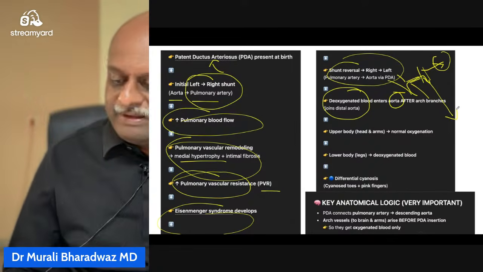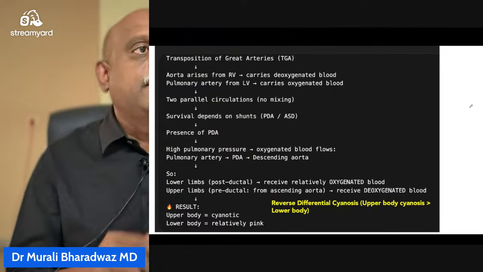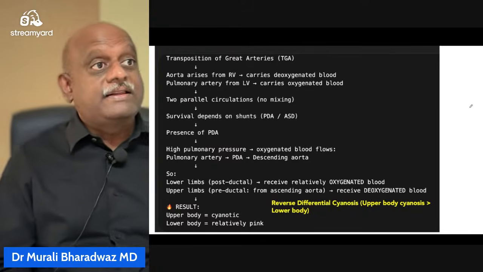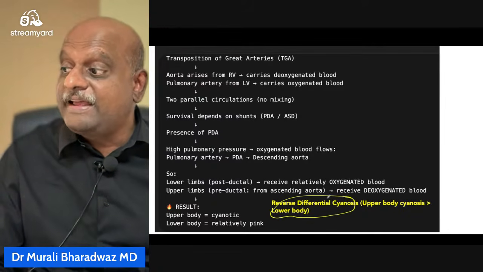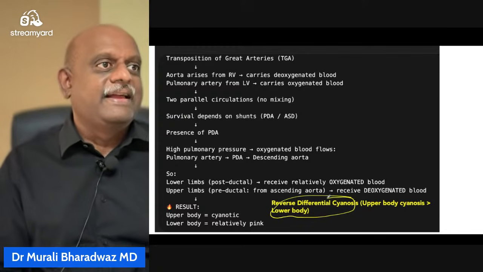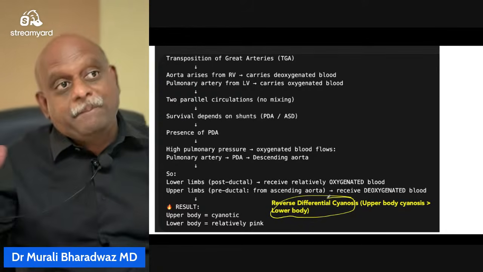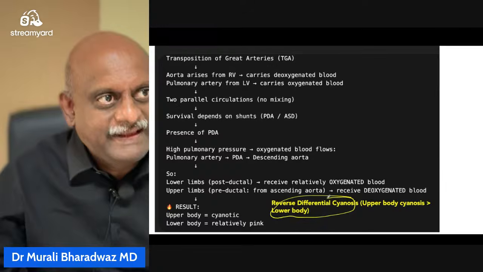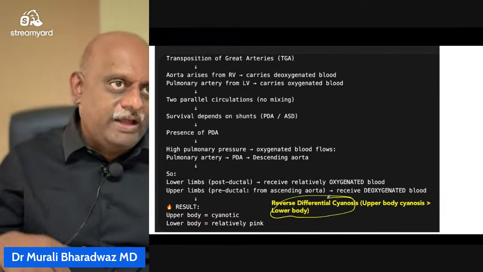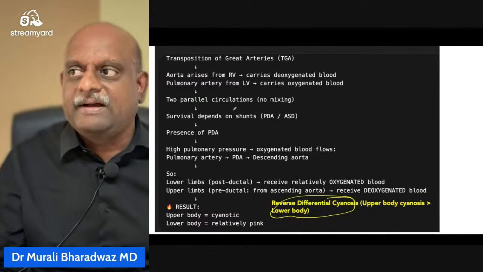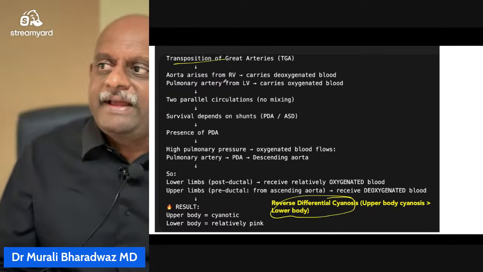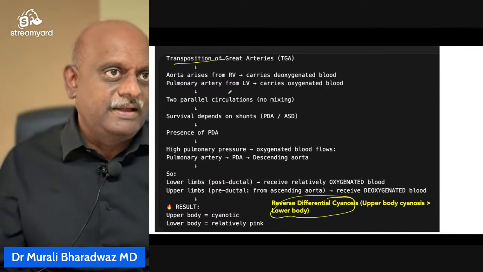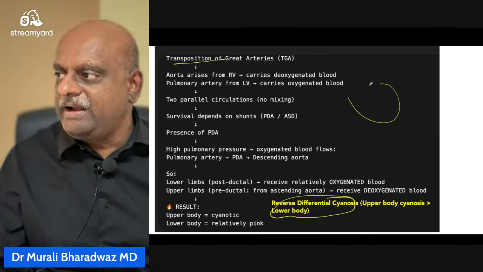Remember that. Now, there is another entity called reverse differential cyanosis. That means upper limbs have cyanosis, lower limbs normal. Whenever transposition of great arteries is there, what is the meaning of transposition of great arteries?